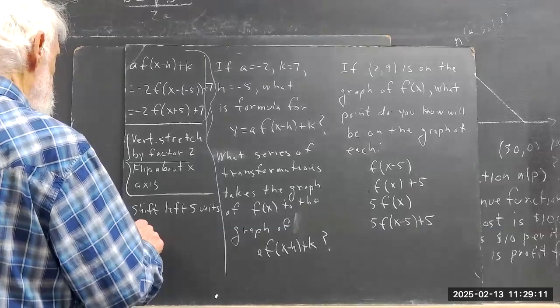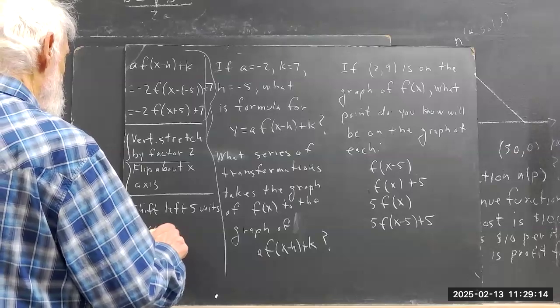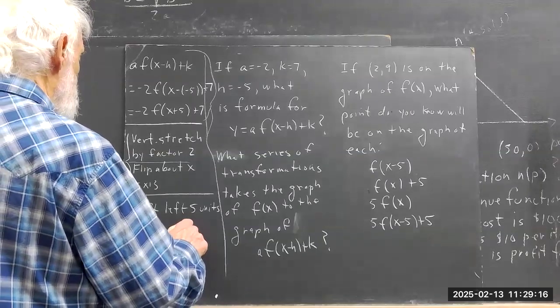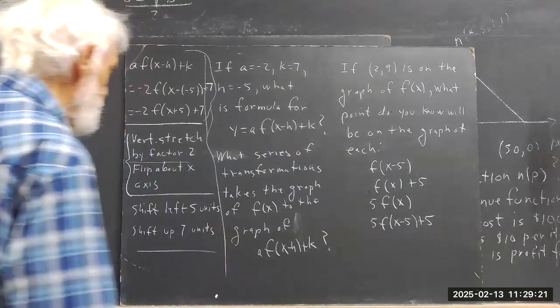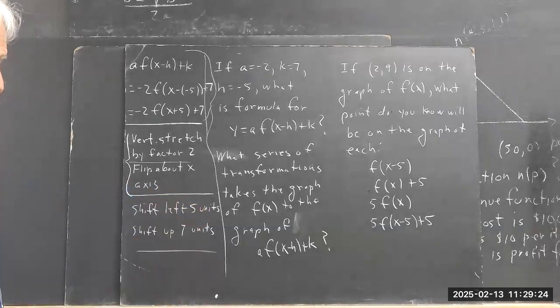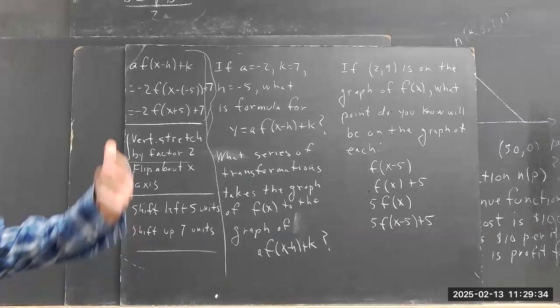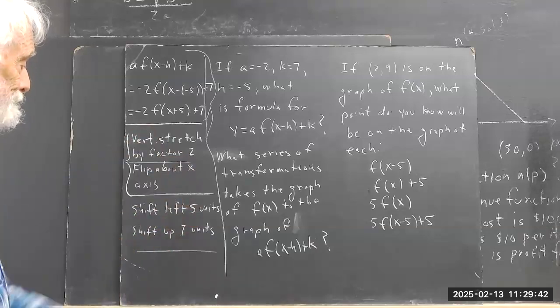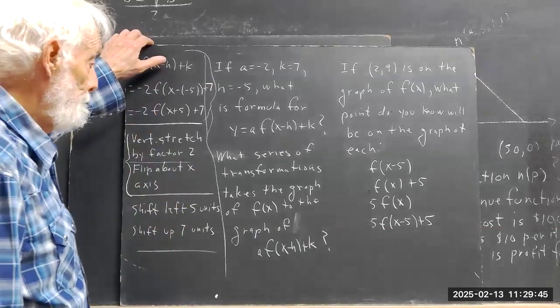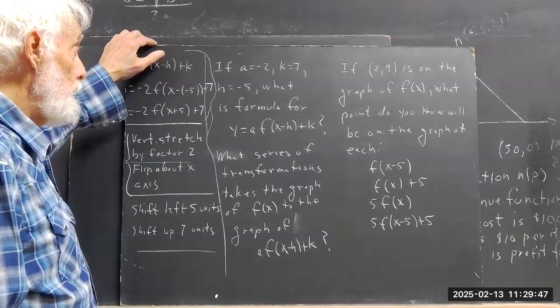And then shift up 7 units. Now I could say shift horizontally 5 units, shift vertically 7 units. And I usually do that. I'm going to get a little more vernacular with my words and say over and up. Well, I gotta say left or right. Okay. Up or down.